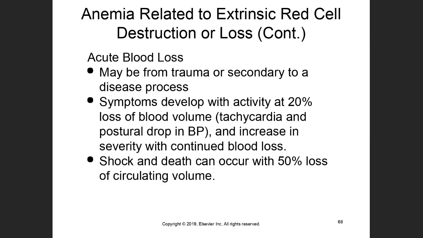Acute blood loss, of course, if you have any trauma, penetrating trauma, or any accident, or internal hemorrhage, that can produce anemia. In those cases, you have to give IV fluid to the patient and send them to the OR.